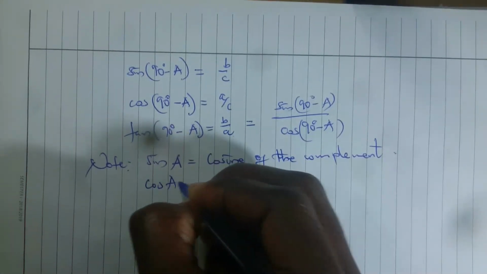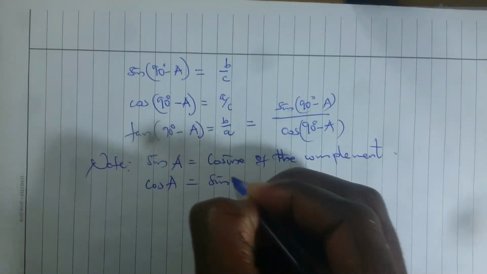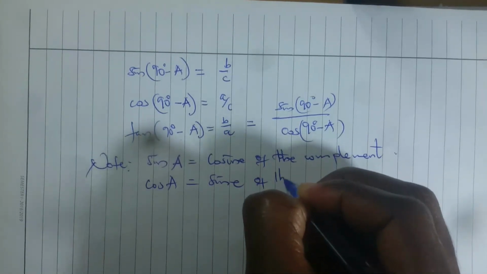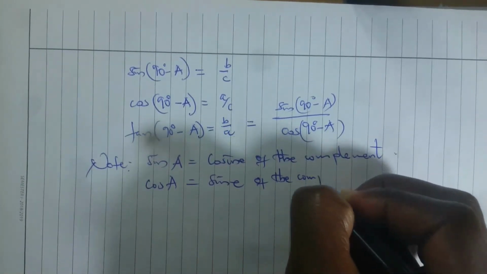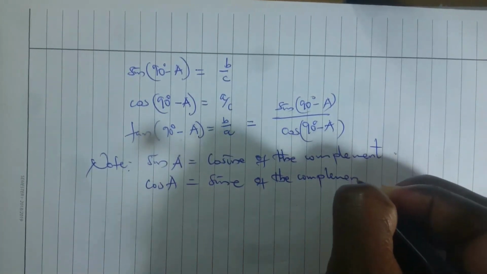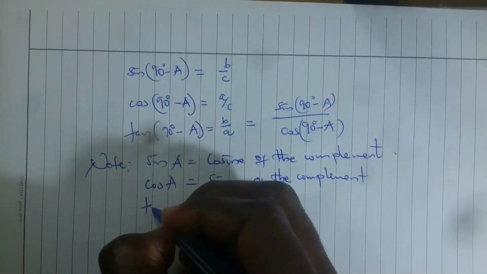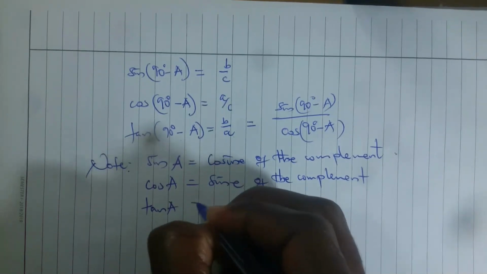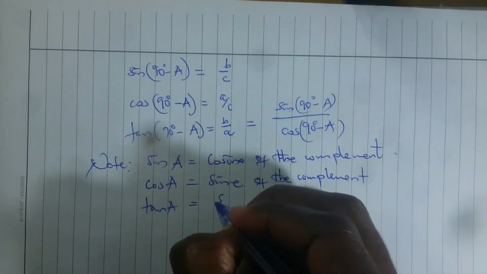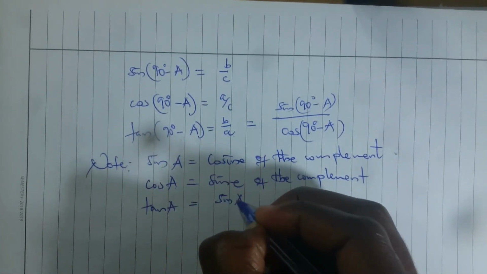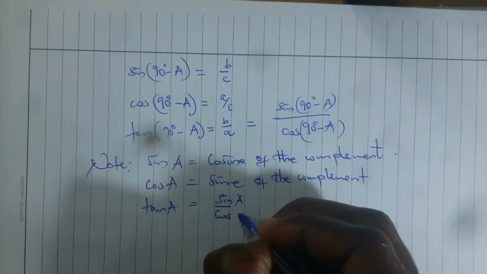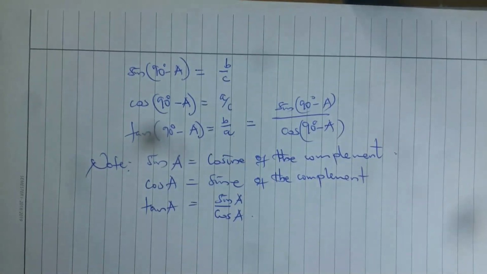Cos of A is given by sine of the complement. Then tan of A is actually sine of A out of cos of A. Those are the observations we can make.